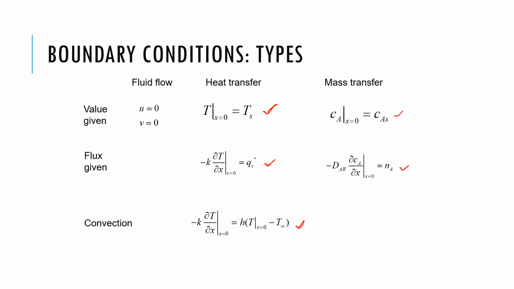So concentration given, flux given, or we have a mass transfer condition where, let's say in a drying process, we have dry air flowing over a wet surface, and that condition at the surface that includes diffusion plus flow effect is captured in this mass transfer coefficient, just like the heat transfer coefficient.